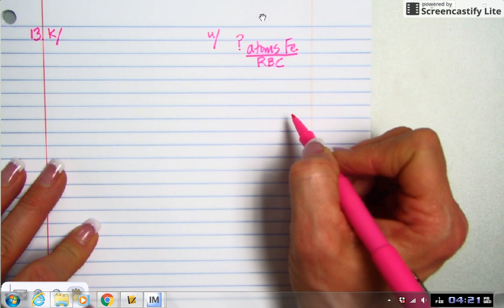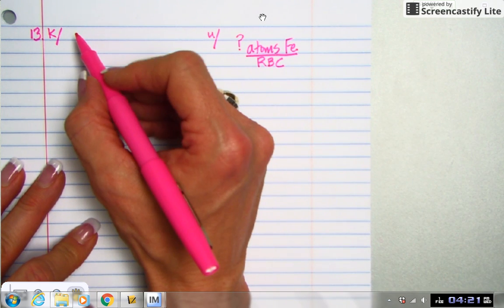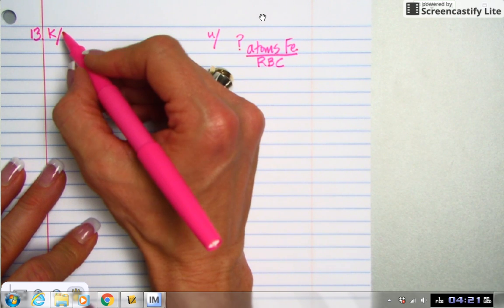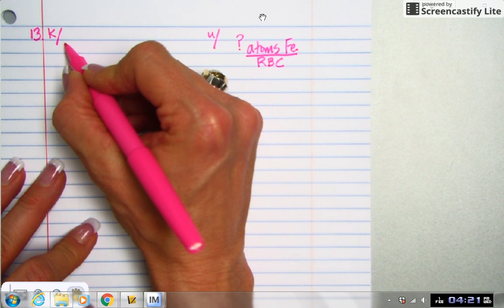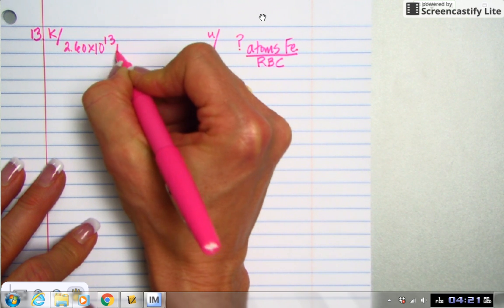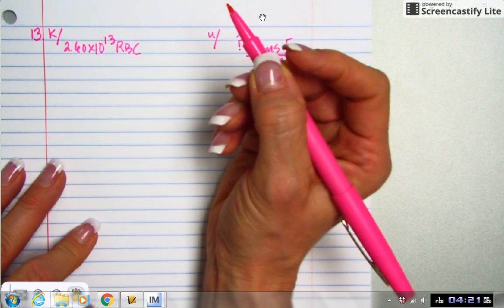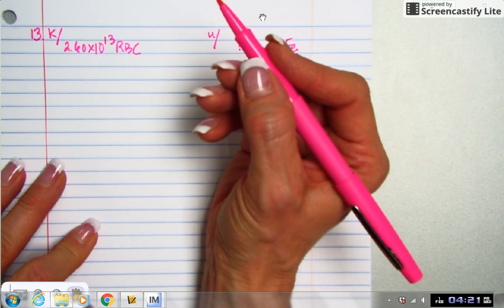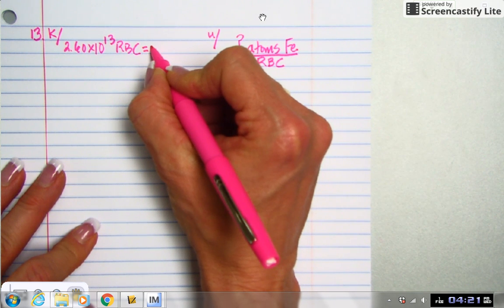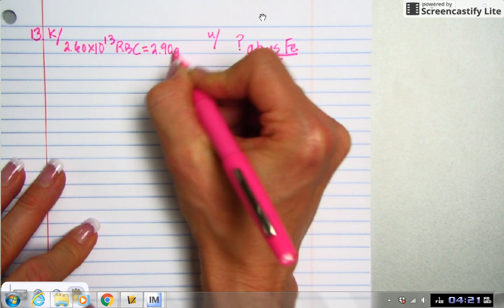So that's how I'm going to write that unit. And then something else they told us, and we can use this as a conversion factor, is that there are approximately 2.60 times 10 to the 13th red blood cells with a total of 2.90 grams of iron. So what that means is equivalent to 2.90 grams of iron.